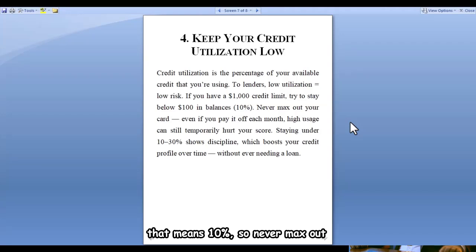That means 10%. So never max out your credit, even if you pay it off each month. High usage can still temporarily hurt your score. Staying under 10 to 30% shows discipline, which boosts your credit profile over time without even needing a loan. So let's go to the last one here.